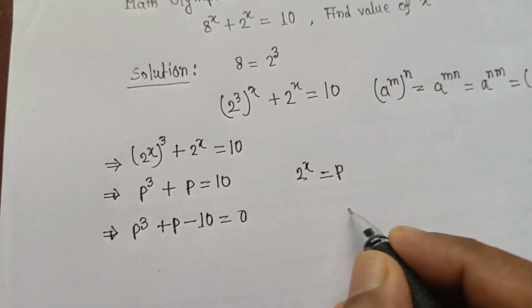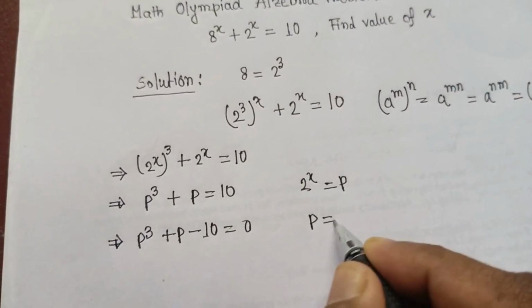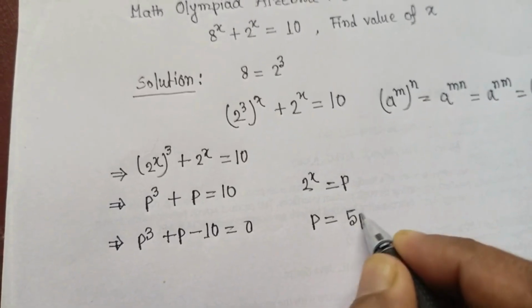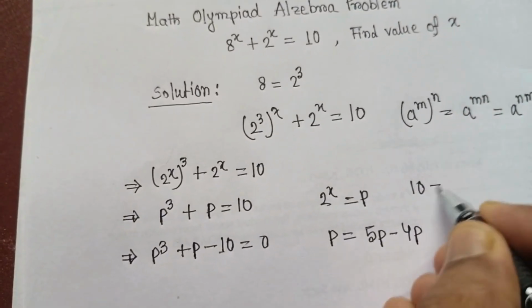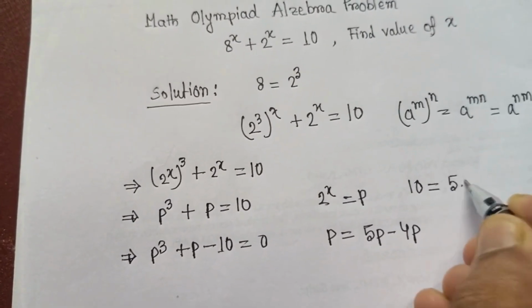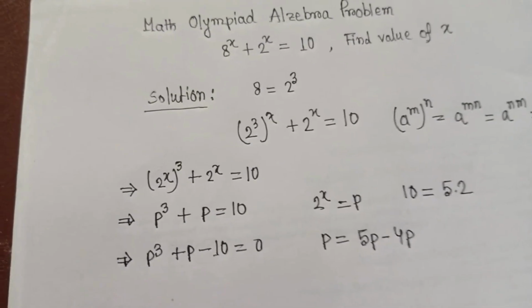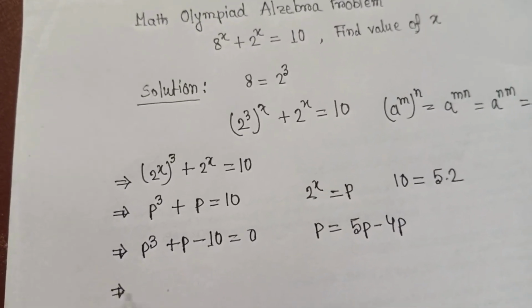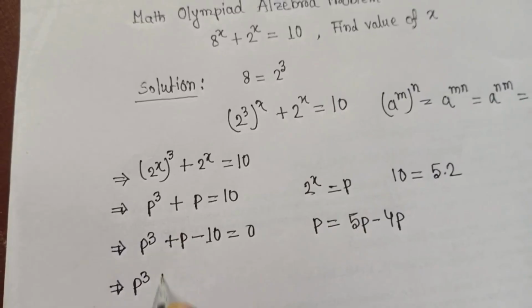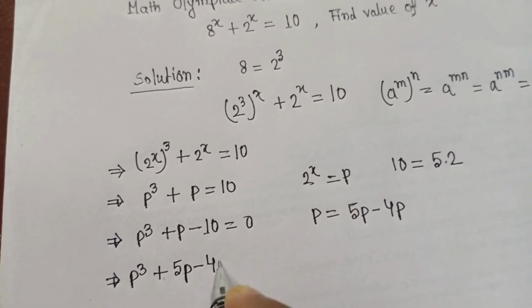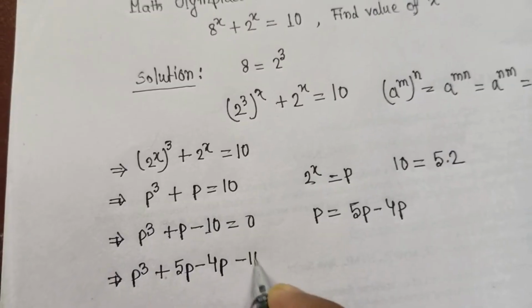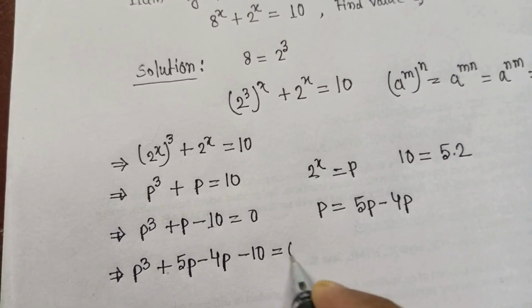Now we can express p as 5p minus 4p, if we split that 10 as 5 into 2. So we can write here p to the power 3 plus 5p minus 4p minus 10 equals 0.